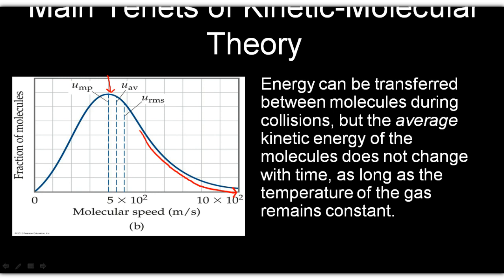But because we have this push out here on the right, the average speed is a little further out than the actual peak. And this here is called the root mean square, which is the energy that the average particle possesses, which is slightly different than the average speed. There's some math behind the scenes that demonstrates that it actually is a little further out. This doesn't really go anywhere, so just to mention it.